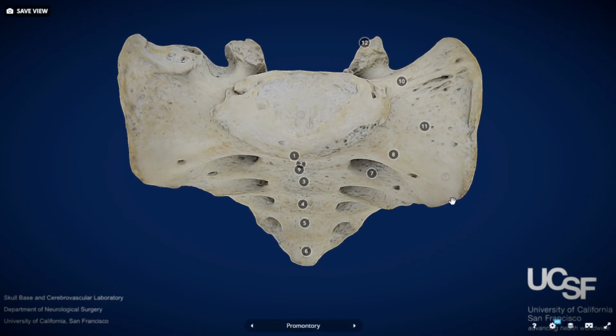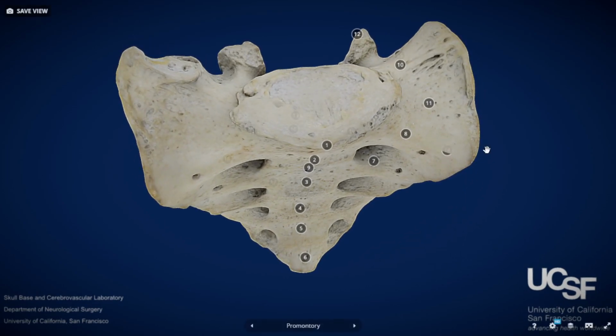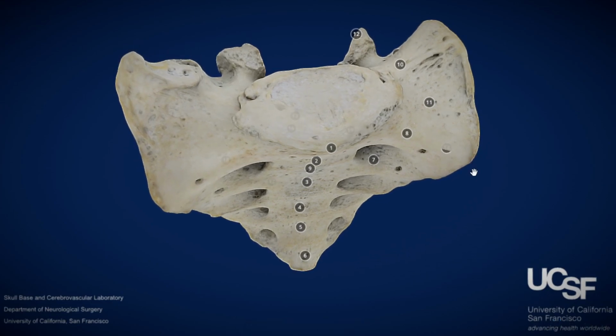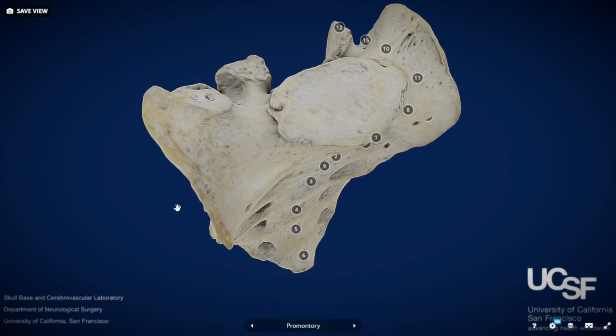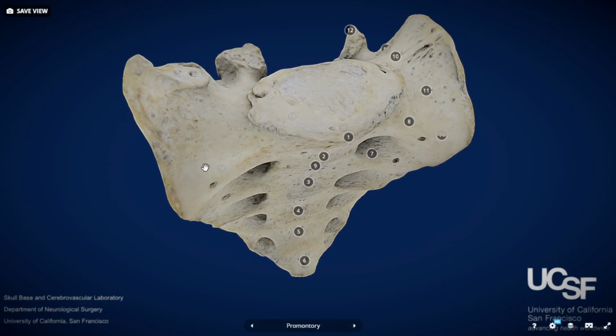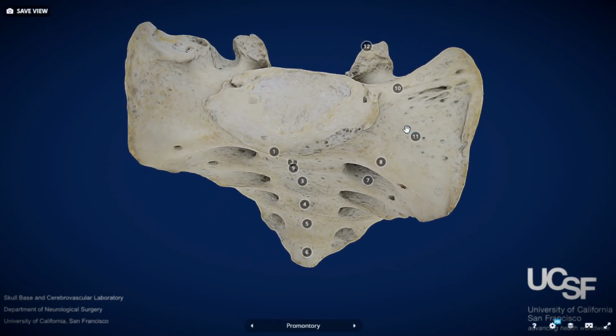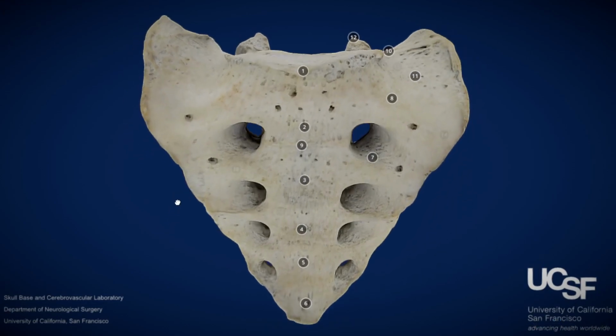The alae articulate with the sacroiliac joints, and they support the psoas major muscles and the lumbosacral trunk, which connects the lumbar plexus with the sacral plexus.